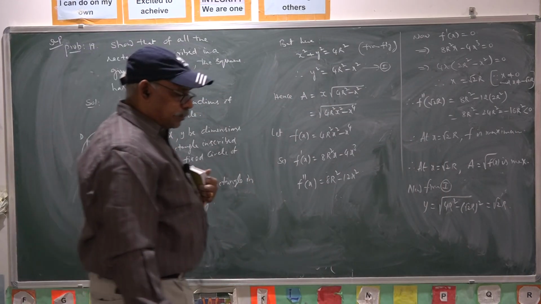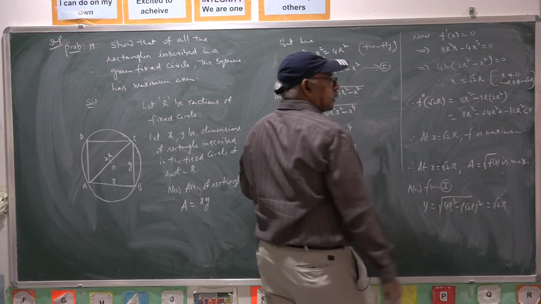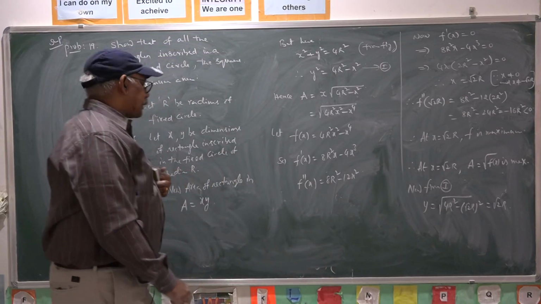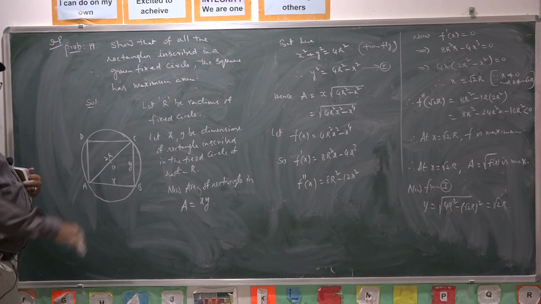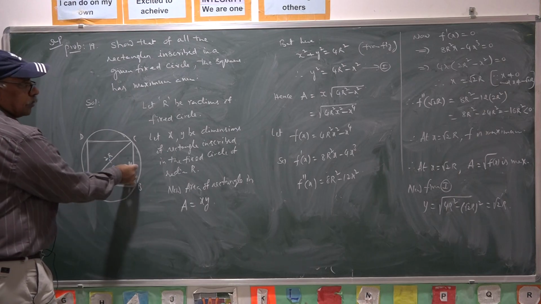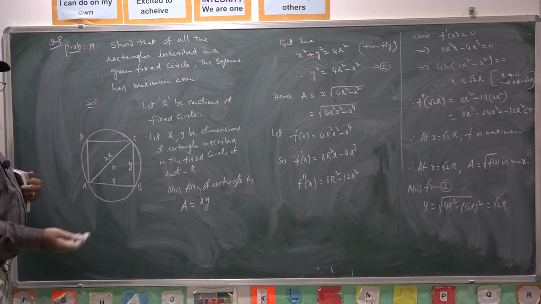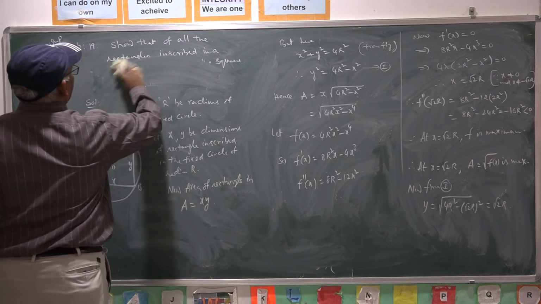So at A maximum, both x and y are the same. Both x and y being the same means, once the rectangle takes its maximum area, x must be equal to y. In such case, the rectangle becomes a square. That is our conclusion.